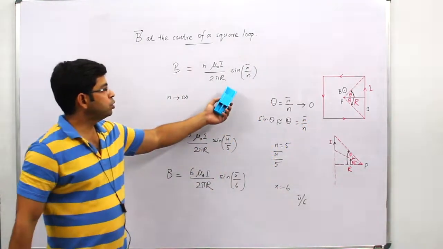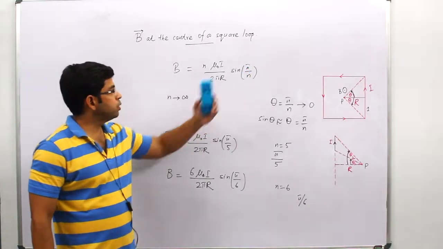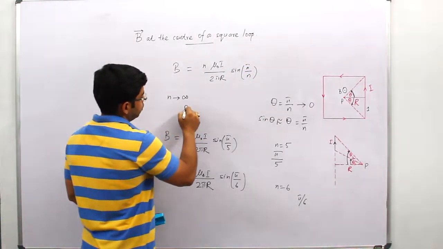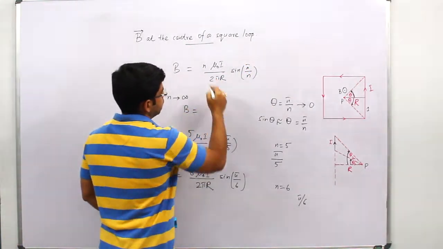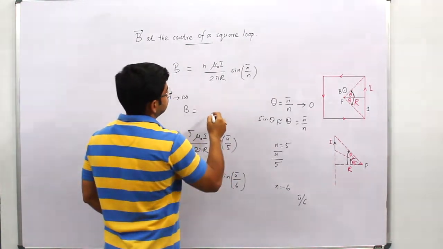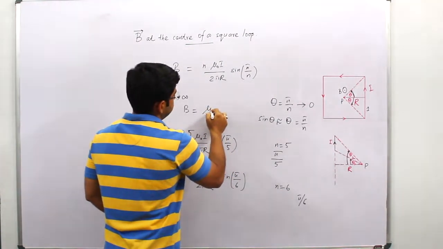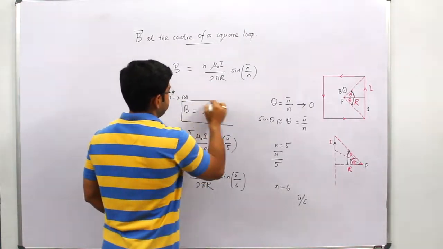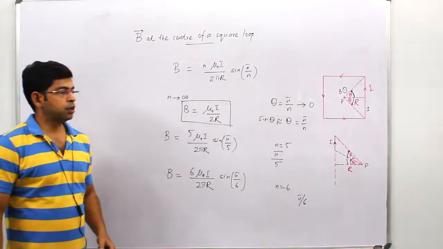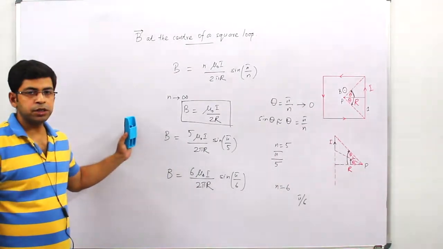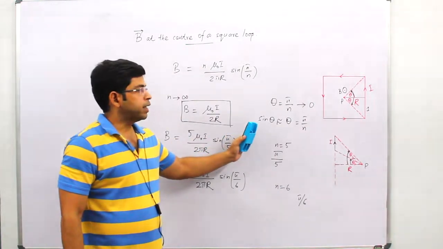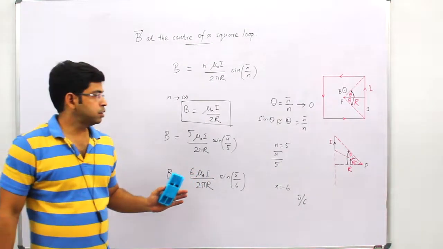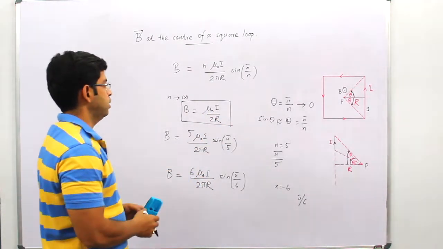So here we will put pi by n in place of sine pi by n, and this n and n will cancel out, also pi will cancel out, and we will have mu 0 I by 2r. You see, this was the formula we arrived at in the previous derivation as the magnetic field at the center of a simple circular coil.